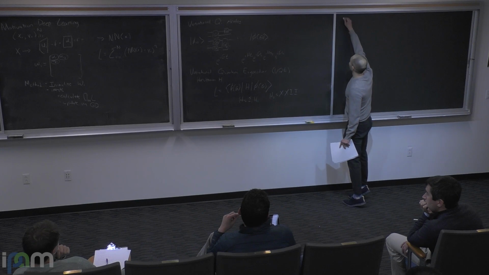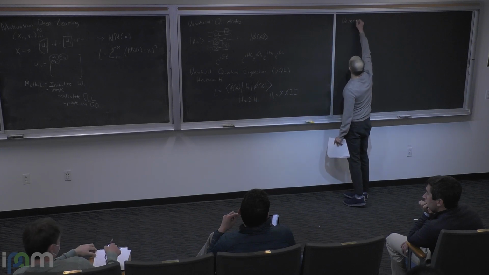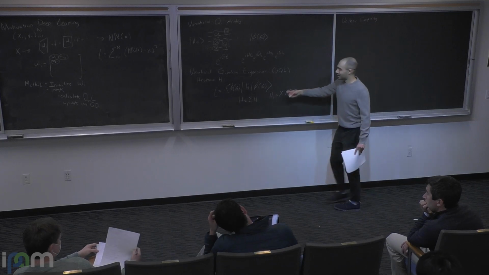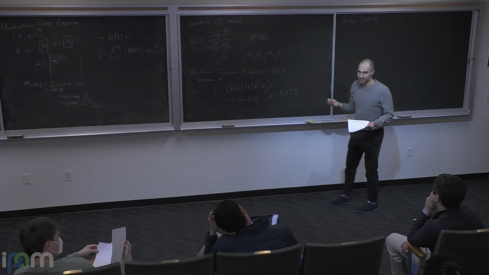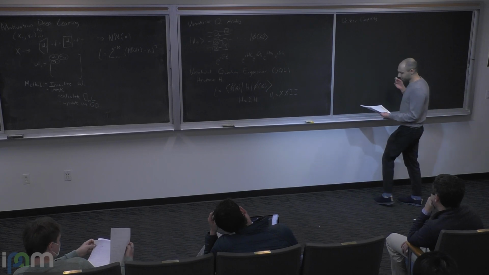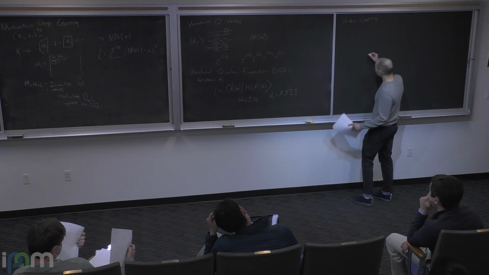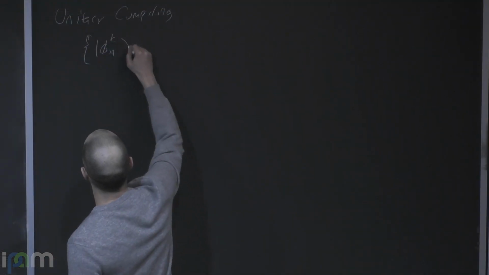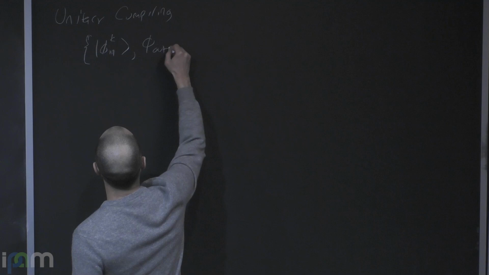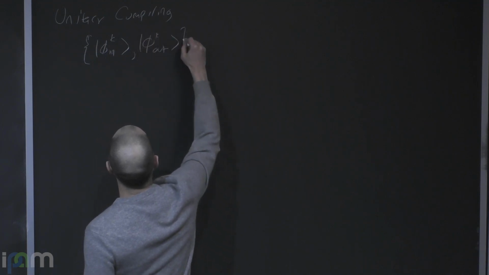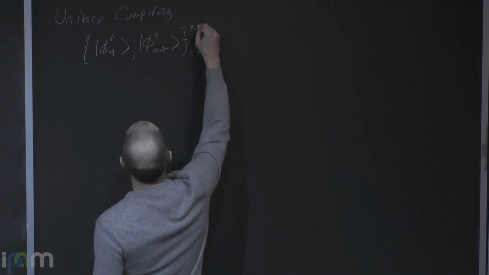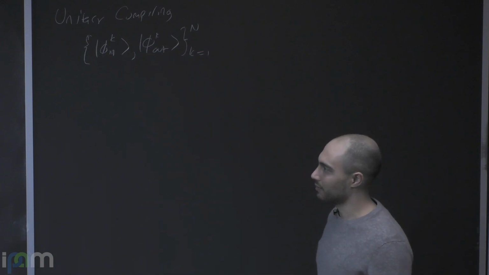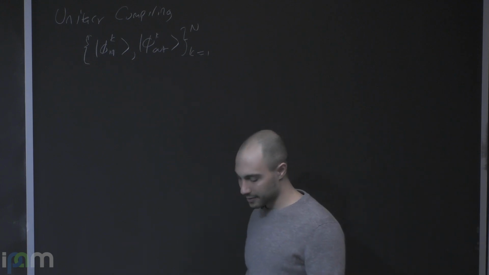Another example is what's called unitary compiling, and this is really just an optimization problem. There's no learning, there's no data set. But here you actually do have a data set. For example, we may have some pairs of phi in k, phi out k, pairs of input and output states, and we want to find a circuit that recreates this.